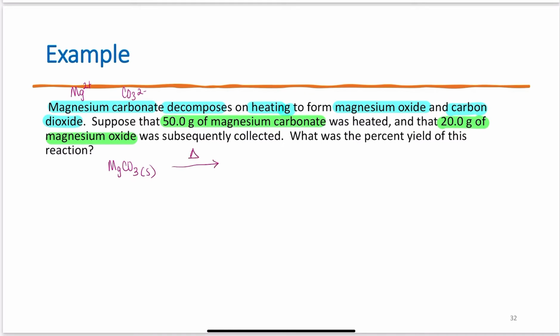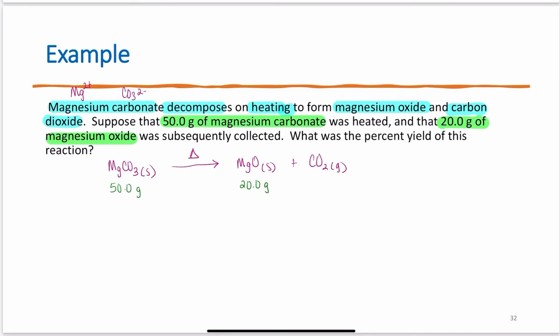This decomposes on heating, so I put a little arrow for the separate reactants and products, a little triangle on top to represent heating, to produce magnesium oxide and carbon dioxide. I started with 50 grams of magnesium carbonate, and I collected 20 grams of magnesium oxide. And I want to know, what is my percent yield?